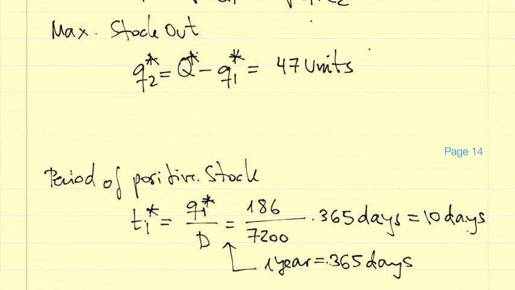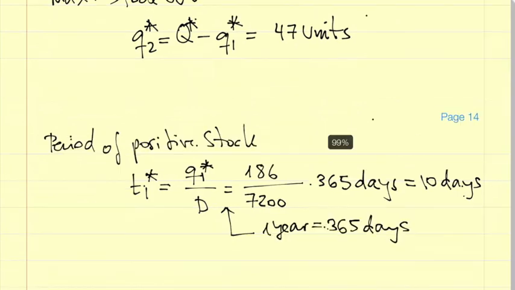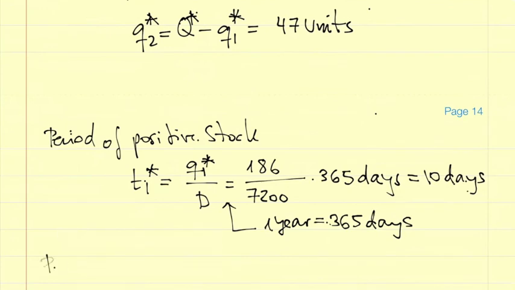The period of shortage equals T2 star equals T star minus T1 star.